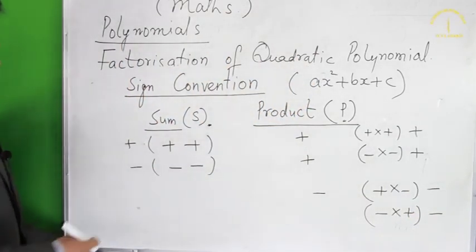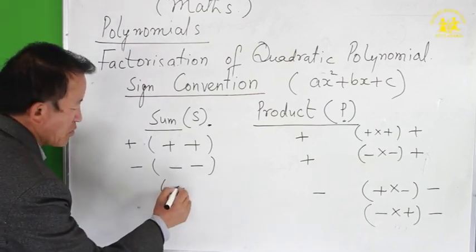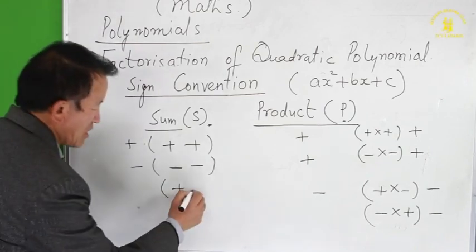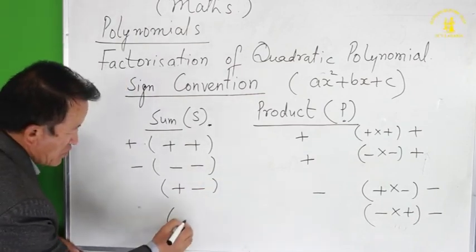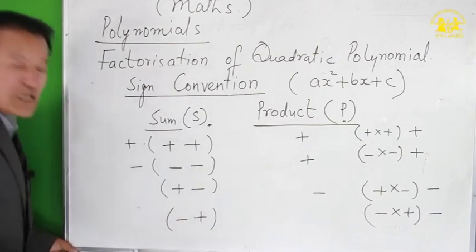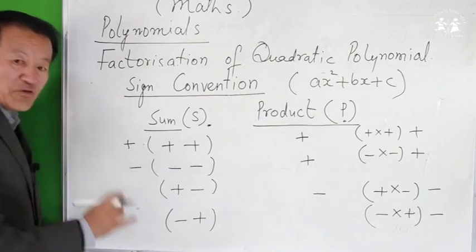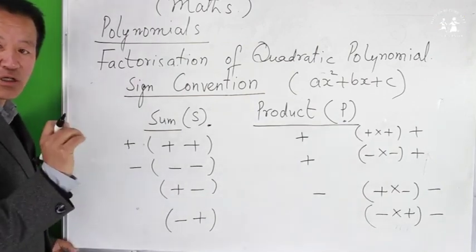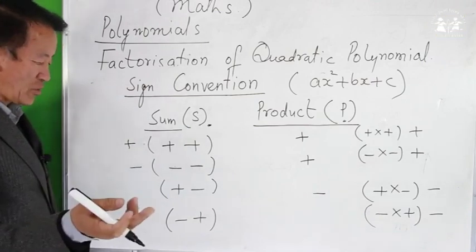So the first number will be positive and the second negative, or the first number negative and the second positive. When I say first number, I shall take the first number as the larger number and the second number as the smaller number.